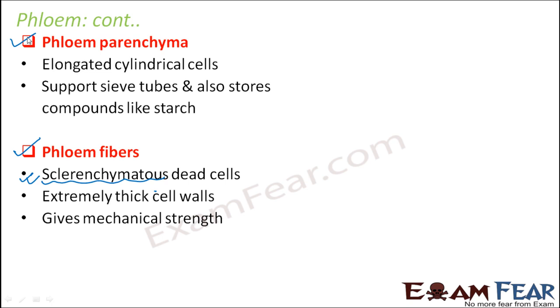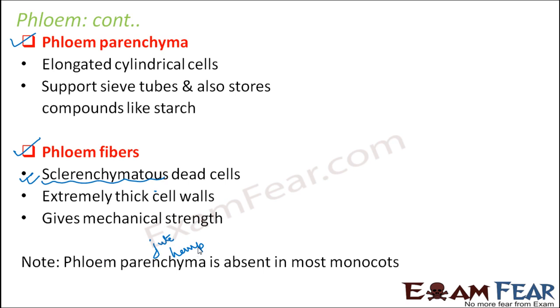Now some of the examples of phloem fibers are jute, hemp, flax, which are used commercially. Some examples: jute, hemp, flax, they are all examples of phloem fibers. Again, another point to note here is phloem parenchyma is absent in monocots.